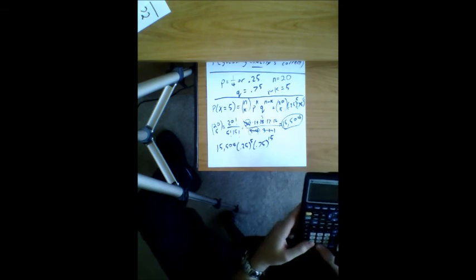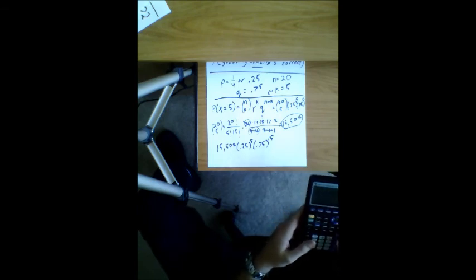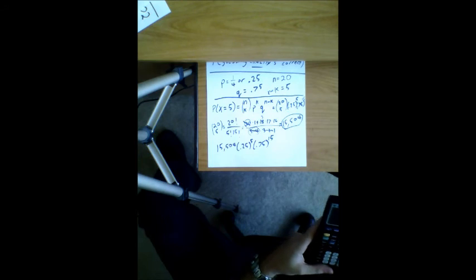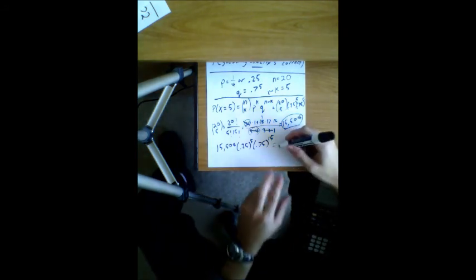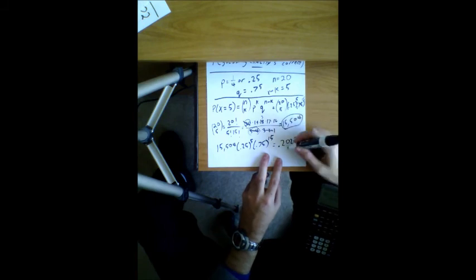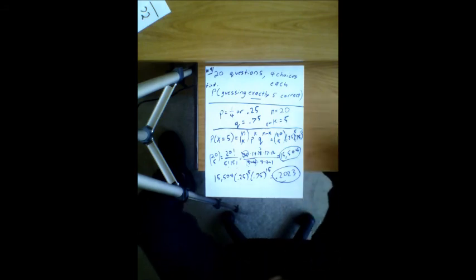You should come out with 0.2023 or somewhere thereabout. So this would be the probability of guessing exactly 5 correct. Seems very likely. Or well, not very likely, but not unreasonable.